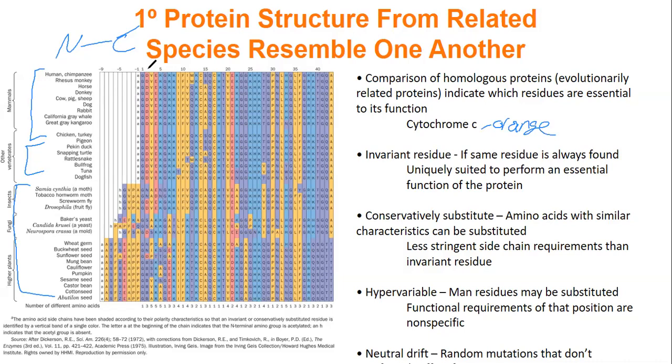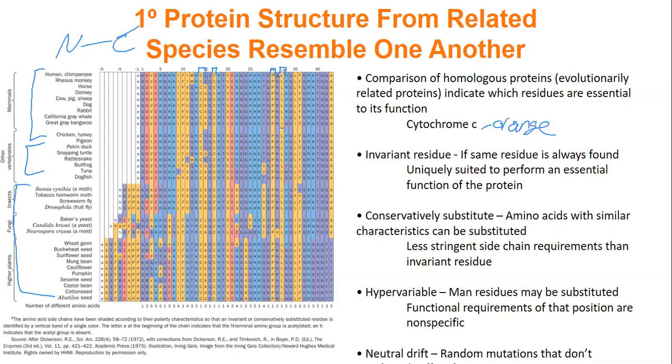So what can we learn by lining this up? If we line up all the proteins and we see an amino acid doesn't change, so at this position there is always a cysteine. At this position, there's always a cysteine. At this position, there's almost always an L, there's one I. At this position, there's always a P. This will tell us this residue is critical to the function of that protein.